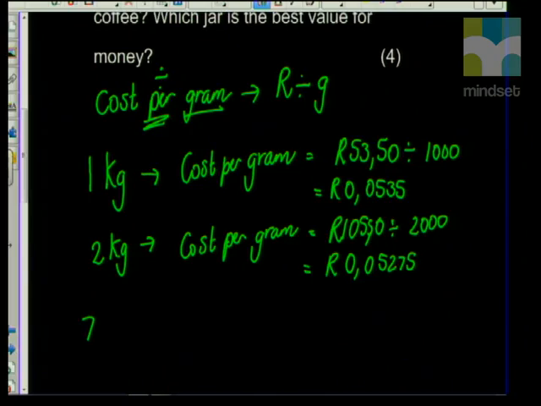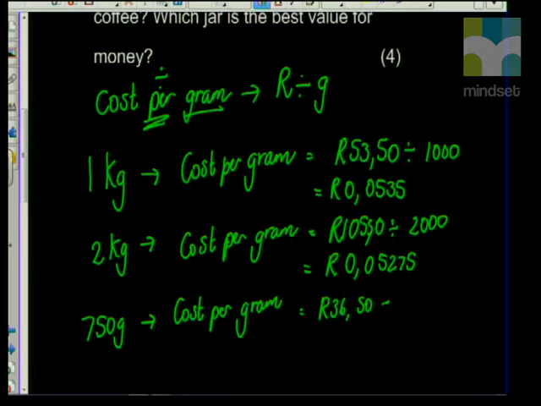Then my last one is the 750 gram jar. The cost per gram is going to be 36 Rand 50 divided by 750.